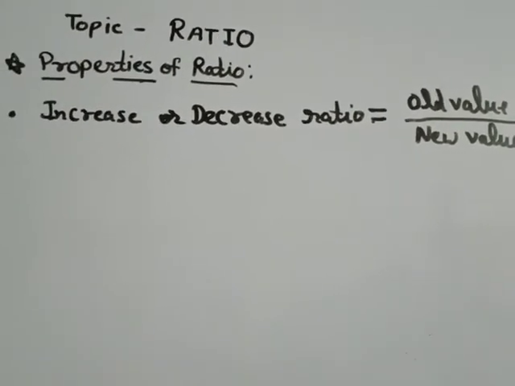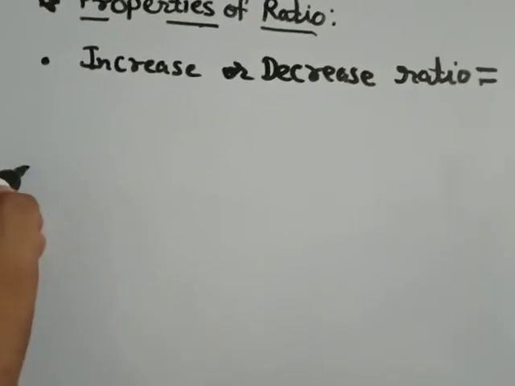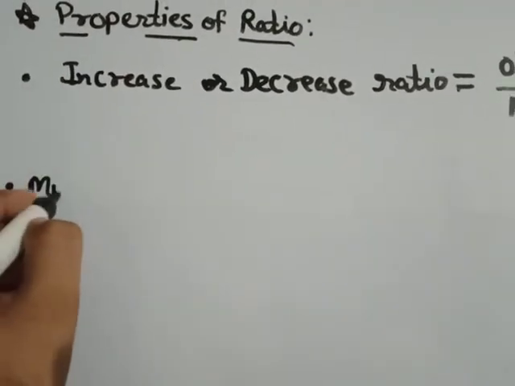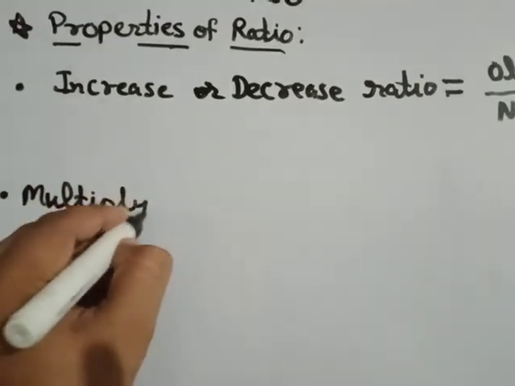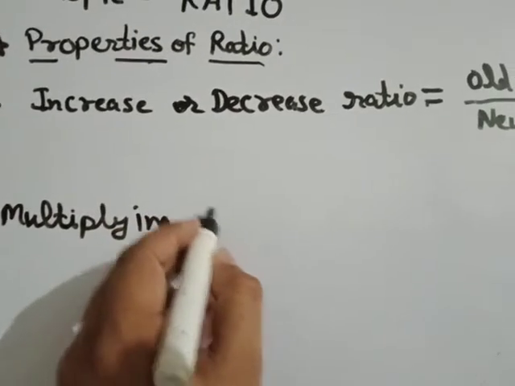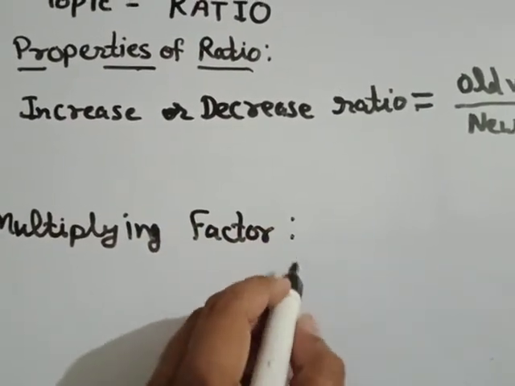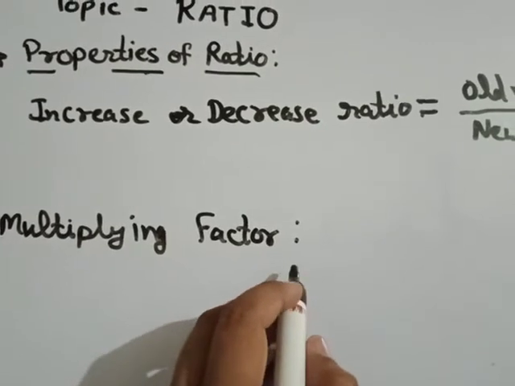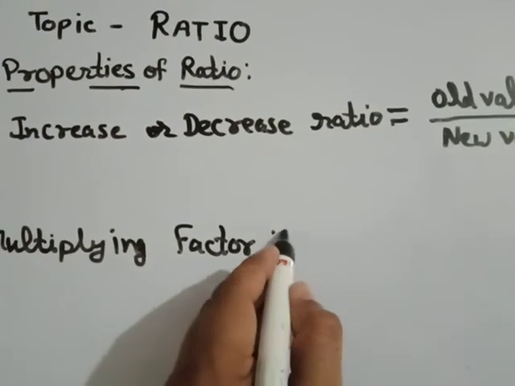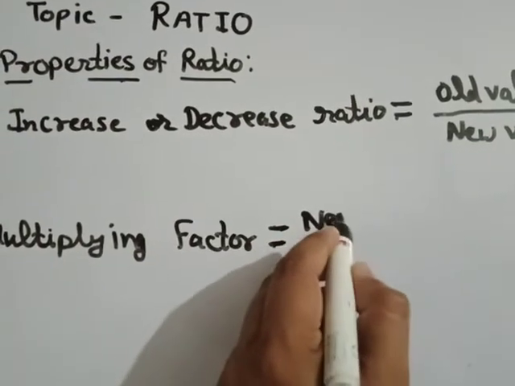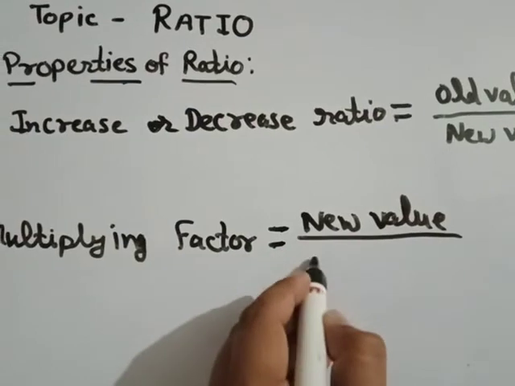The next property is multiplying factor. How can we find the multiplying factor of a ratio? This is just the reverse of the increase or decrease ratio: the new value upon old value.